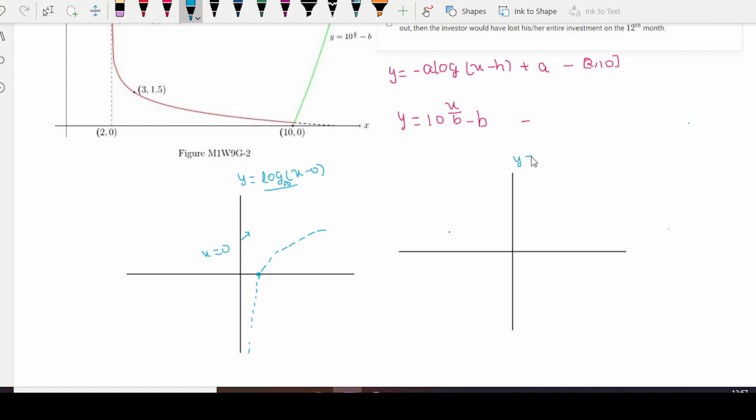Now let us assume we want to draw log of x minus 1 with base 10. How will this curve look? It will look somewhat like this, and its asymptote will be x is equal to 1.